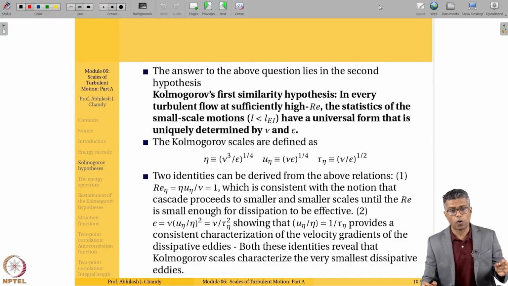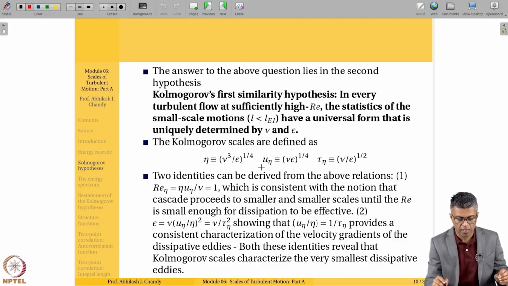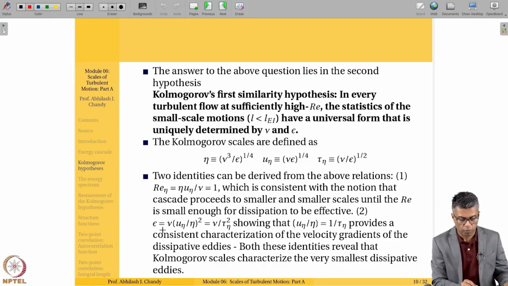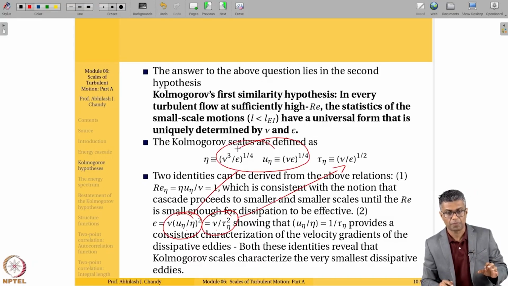The other thing is, if you use these three equations to derive an equation for epsilon, you will see that epsilon is equal to nu times (u_eta over eta) the whole squared, which is equal to nu over tau_eta squared. So this is coming from here, isn't it? And this part is coming from these two. We derived this last class.